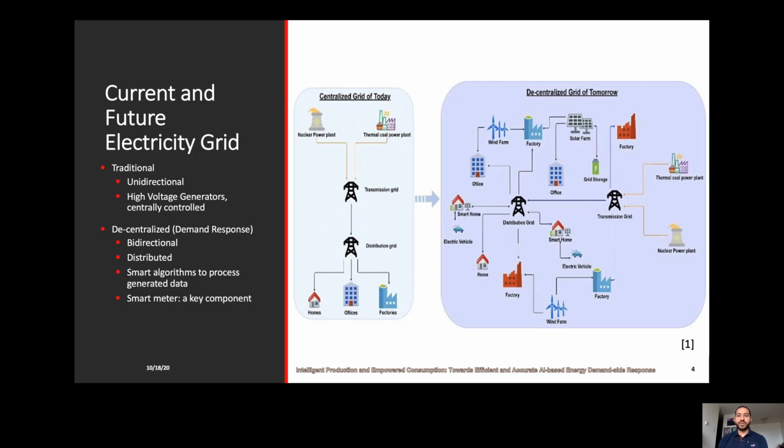So the decentralized grid of tomorrow is bidirectional in terms of the exchange of data. So the utilities themselves collect information from the houses or from the infrastructure. At the same time, the utilities themselves can speak with the houses, asking them to do different actions, which I'll explain later.